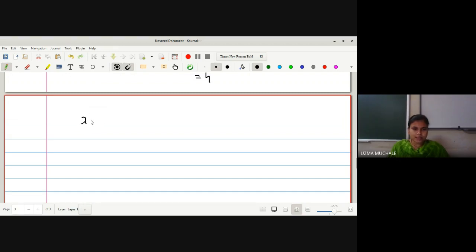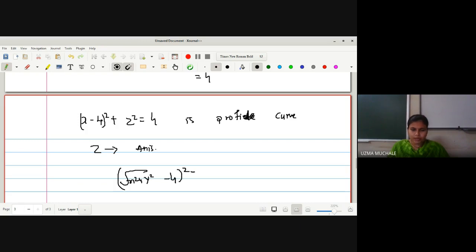So you can say that this is x minus 4 its square plus z square equal to 4, a profile curve, or in short you can say profile circle, and the z axis is the axis of revolution. With the help of that, you are going to see the torus of revolution, x square plus y square minus 4 square plus z square equal to 4.